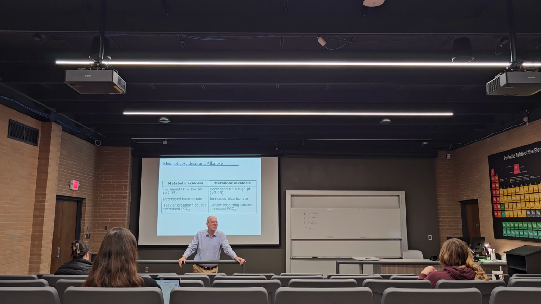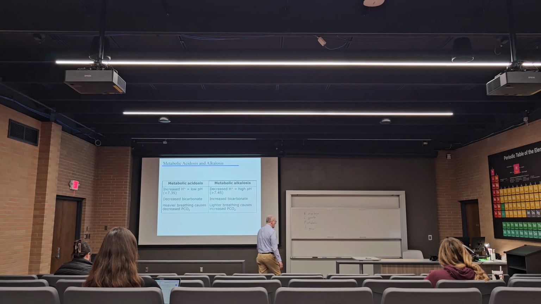Is it alkalosis or acidosis? Alkalosis. Yep. Again, if the pH is high, it's alkalosis. If it's because of the carbon dioxide, it's respiratory. If it's something else, it's metabolic. Okay?